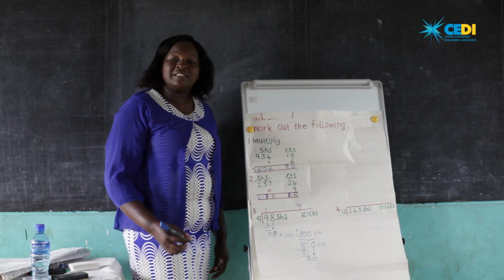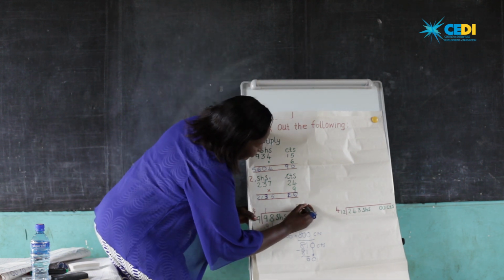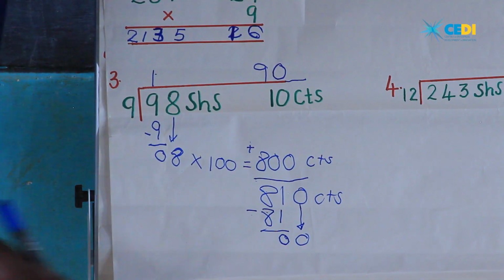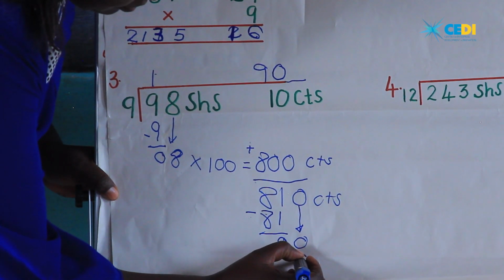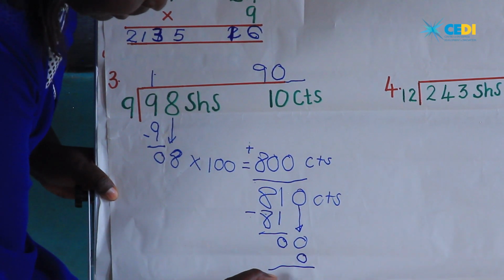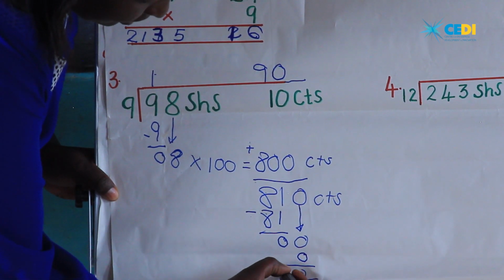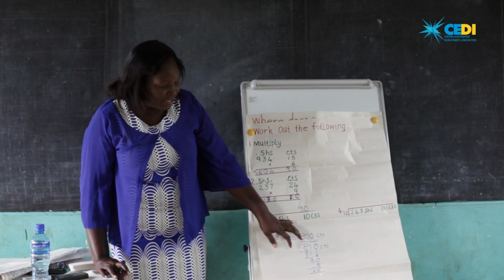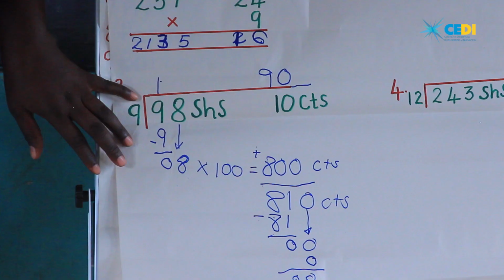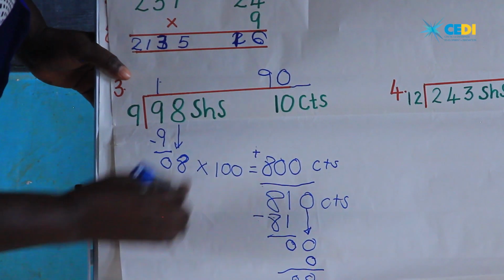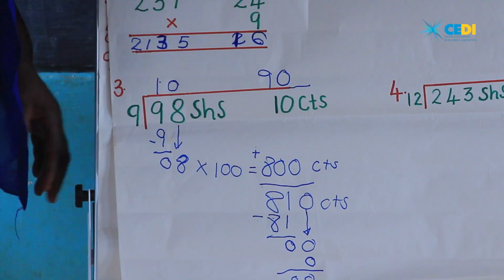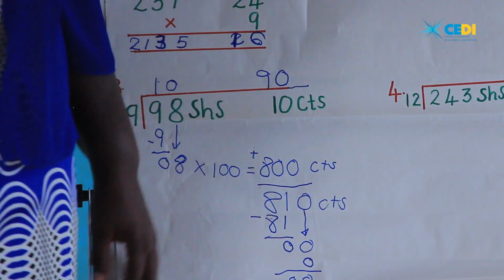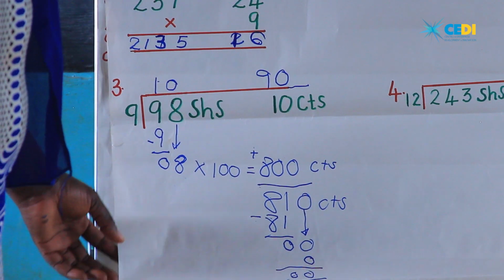I will give the 9 children nothing. 0 times 9 is equal to 0. So when I subtract, I will remain with nothing. So it therefore means that when I divide 98 shillings and 10 cents, I will give each child 10 shillings and 90 cents.